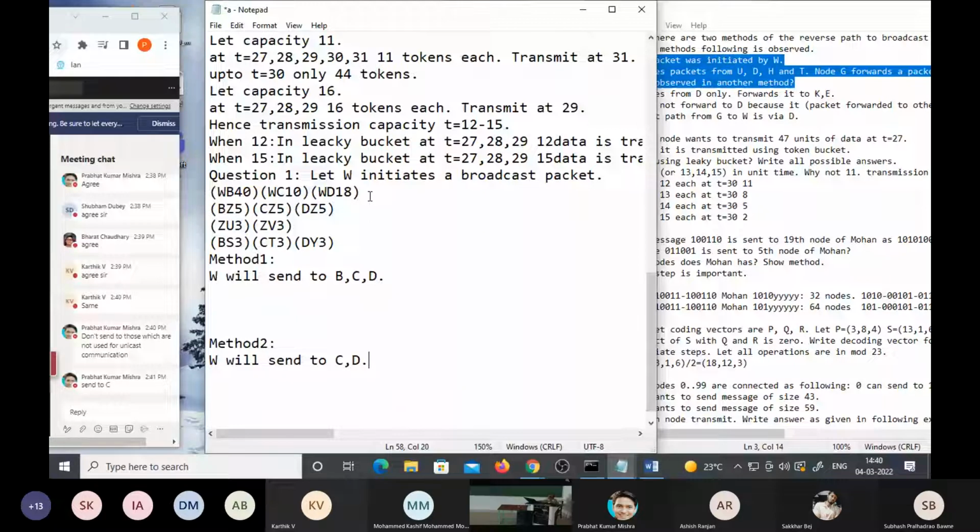Why D? If D wants to send a unicast packet to W, then D will send directly to W. Why to D?